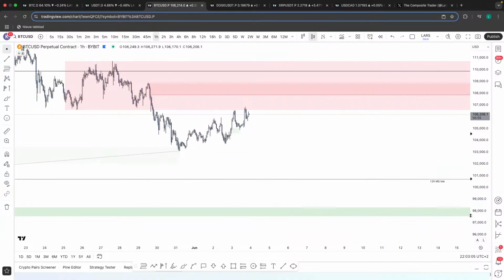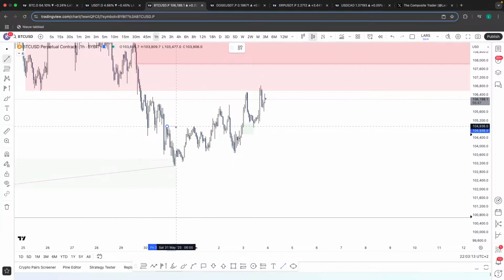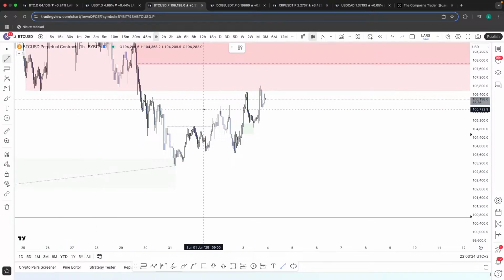And I was explaining to you guys yesterday that we were seeing signs of exhaustion, making these higher highs, leaving the lows intact. And then we actually broke structure back to bearish.